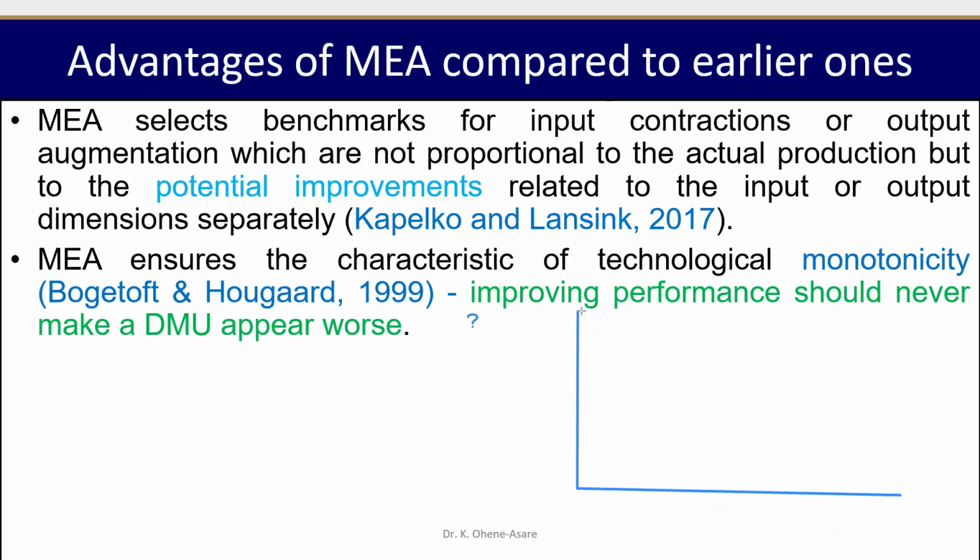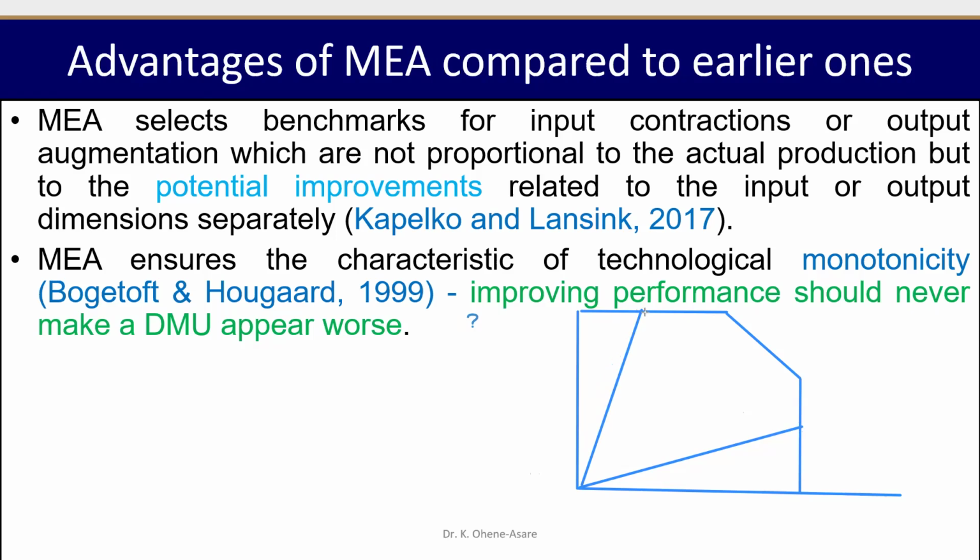I'm using output all the time because I'll be using input in the real example. A radial movement can hit the vertical section here, or it can hit the horizontal section there. And when it does that, that is not technological monotonicity.